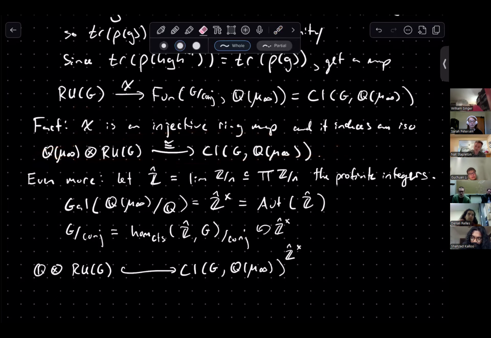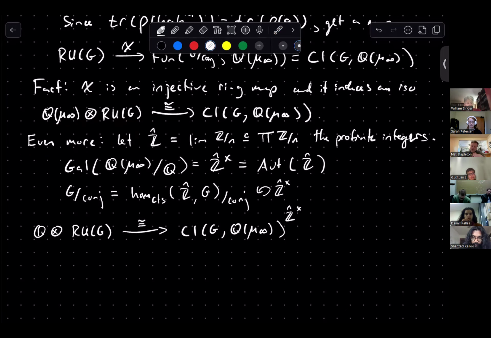So what we learn is that the rationalization of the representation ring of G is isomorphic to the Z hat times fixed points, or Z hat times invariants, in Q adjoin mu infinity valued class functions on G.